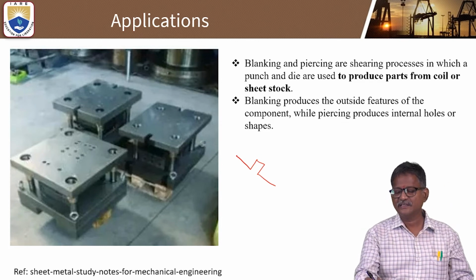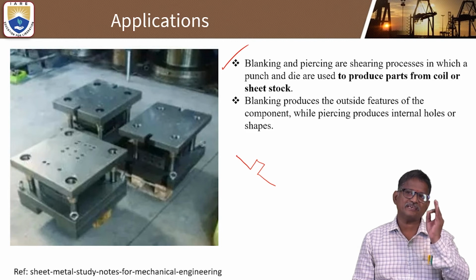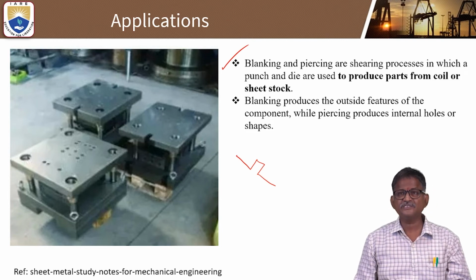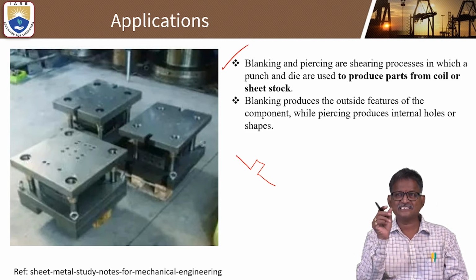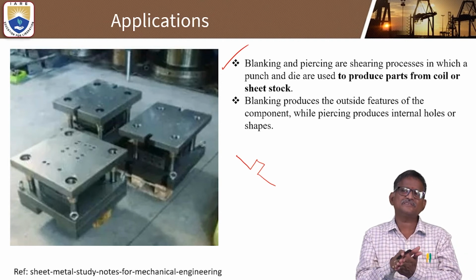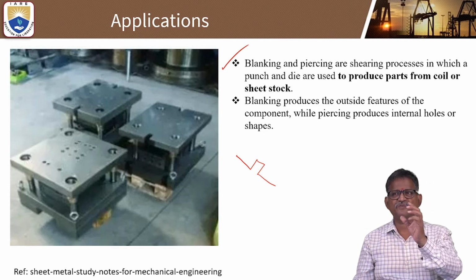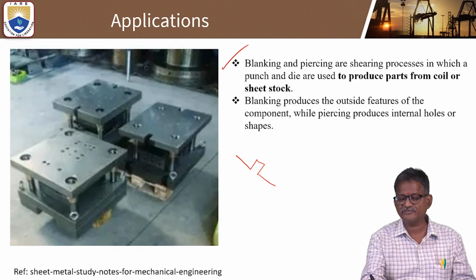So look at how the application is most preferred in the blanking and piercing operation. Blanking and piercing are shearing processes in which a punch and die are used to produce parts from a coil or sheet stock. This is very interesting.